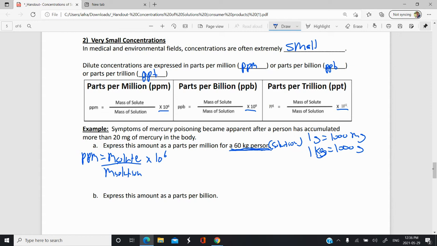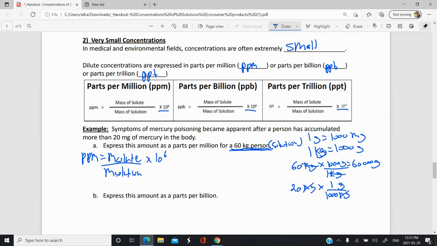So I'm going to convert these both into grams. First I'll do my 60 kilograms times 1,000 grams per 1 kilogram. Cancel out kilograms, and you'll get 60,000 grams. And then for my mercury, I'm going to do 20 milligrams times 1 gram for every 1,000 milligrams.